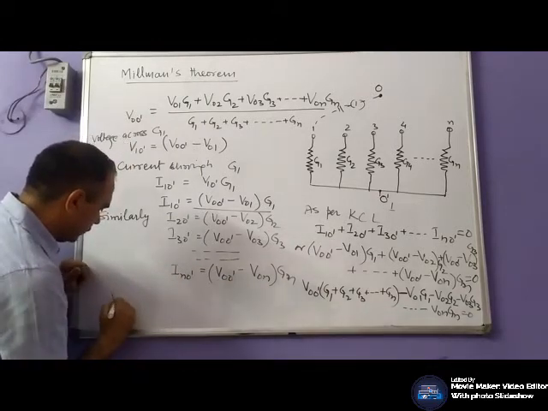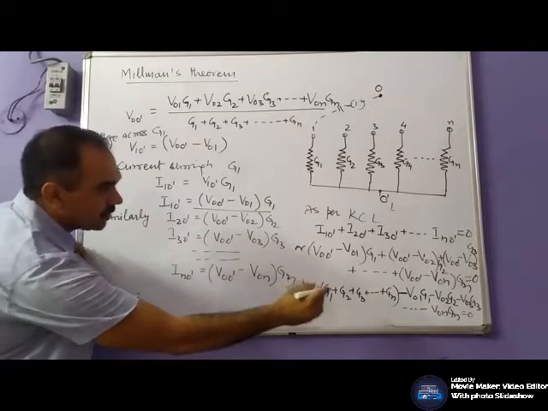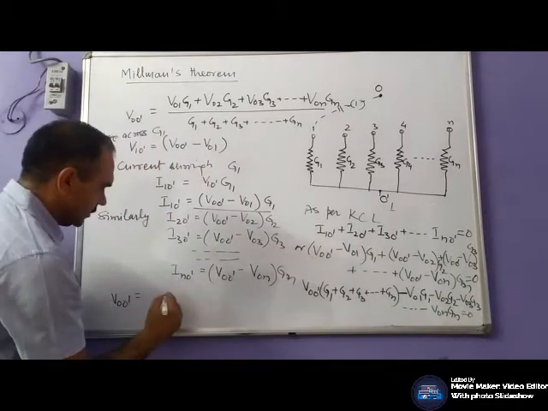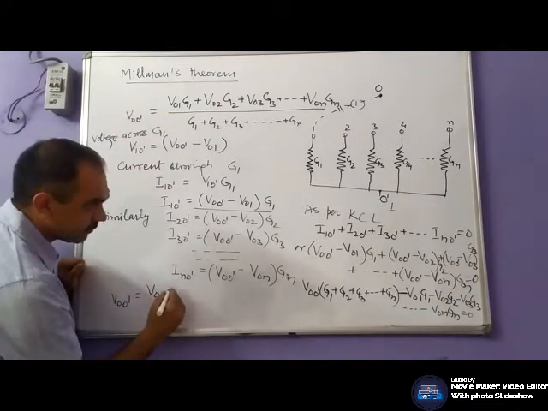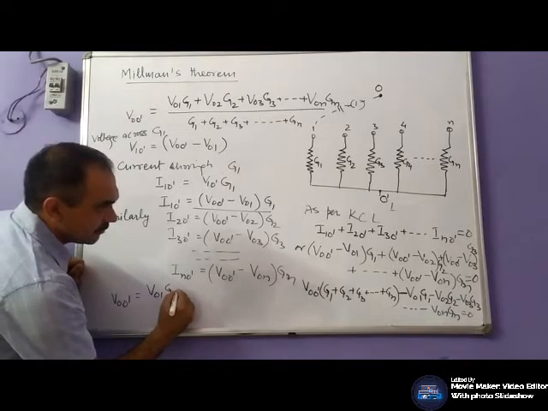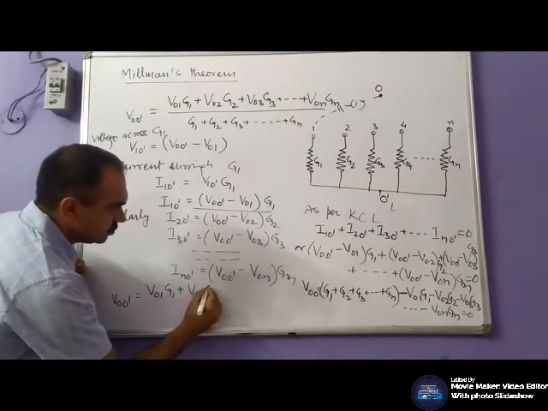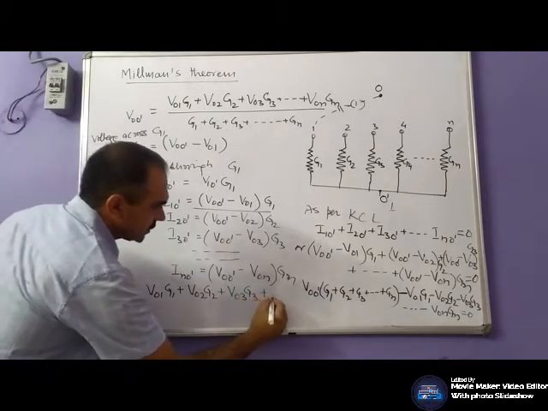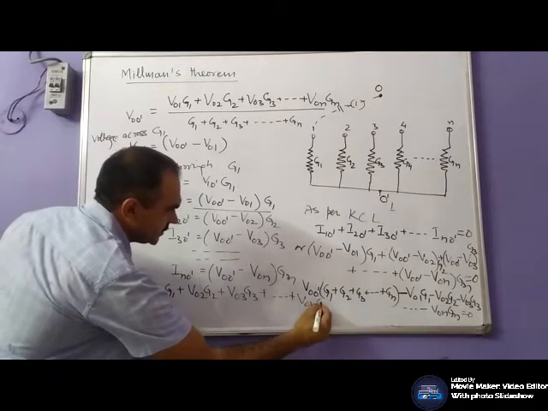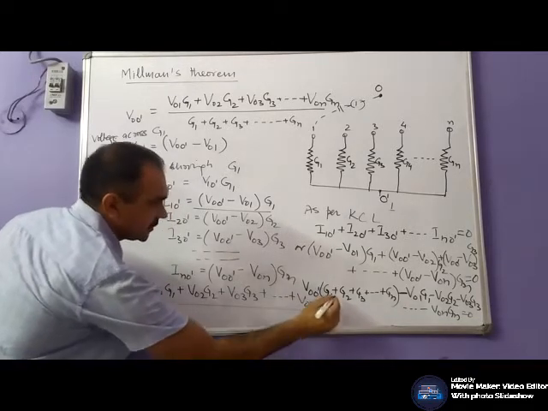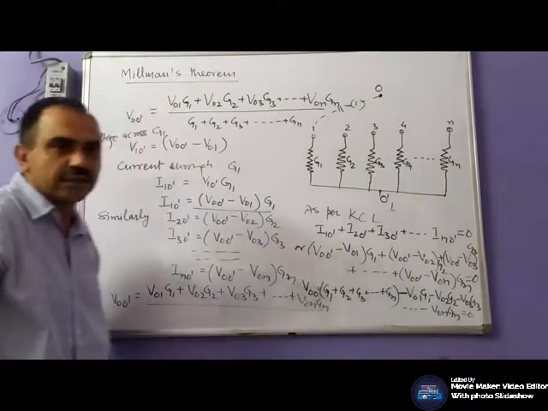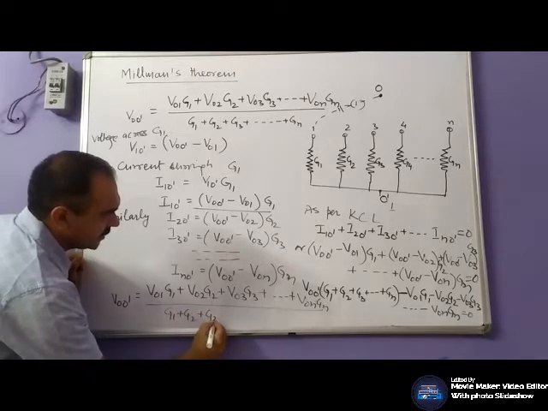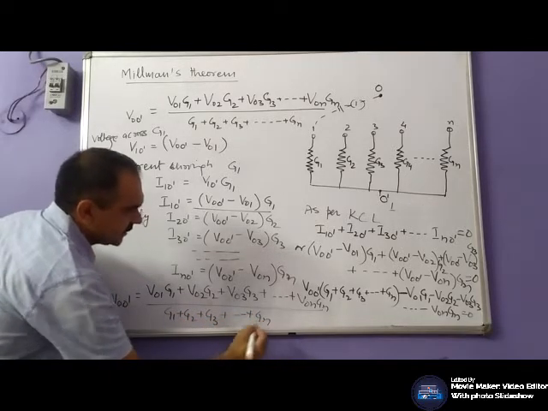And V00 dash would be equal to, take these terms on the other side, V01 G1 plus V02 G2 plus V03 G3 plus so on V0n Gn divided by, this part will go to the denominator, G1 plus G2 plus G3 plus Gn.